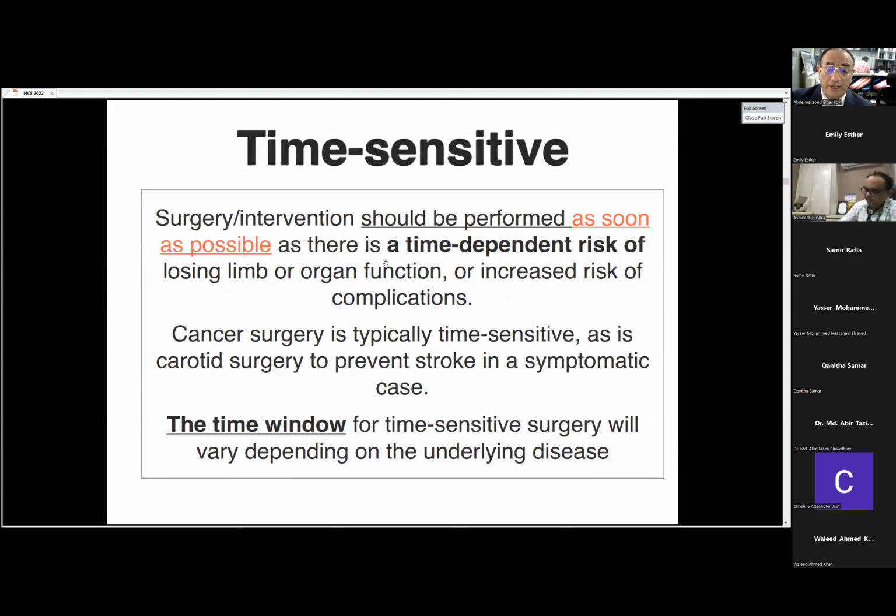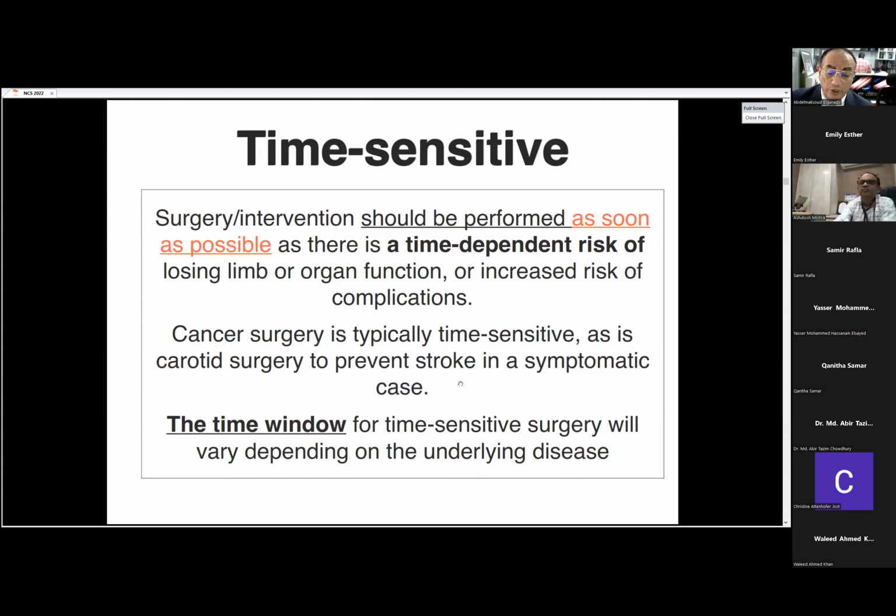For a time-sensitive procedure like carotid intervention or cancer surgery, intervention should be performed as soon as possible, as there is a time-dependent risk of losing limb or organ function or increased risk of complication, as I mentioned, such as carotid intervention for a patient presenting with transient ischemic attack.